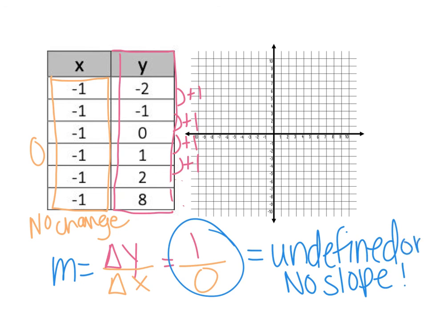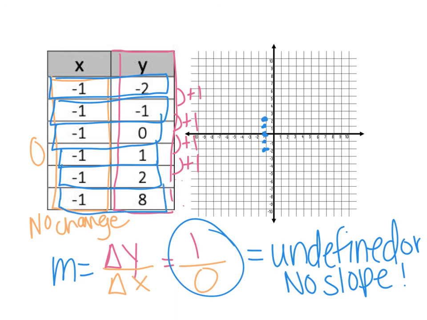And to plot these points, I have -1, -2, -1, -1, -1, 0. These are the points I'm looking at. Remember, coordinates are x and y. -1, 1, -1, 2, and -1, 8.